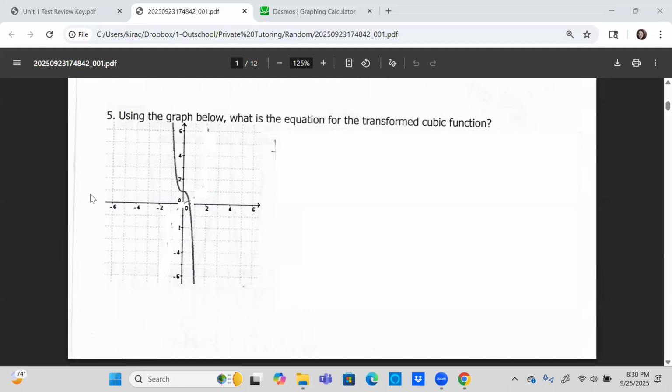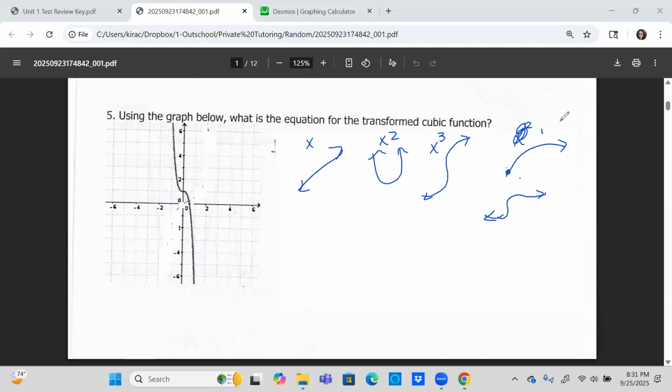All right, let's see. So you kind of have to just know your functions, right? Your function families: we have linear, we have quadratic, so this is x squared, cubic, right? We have square root, we have cube root.